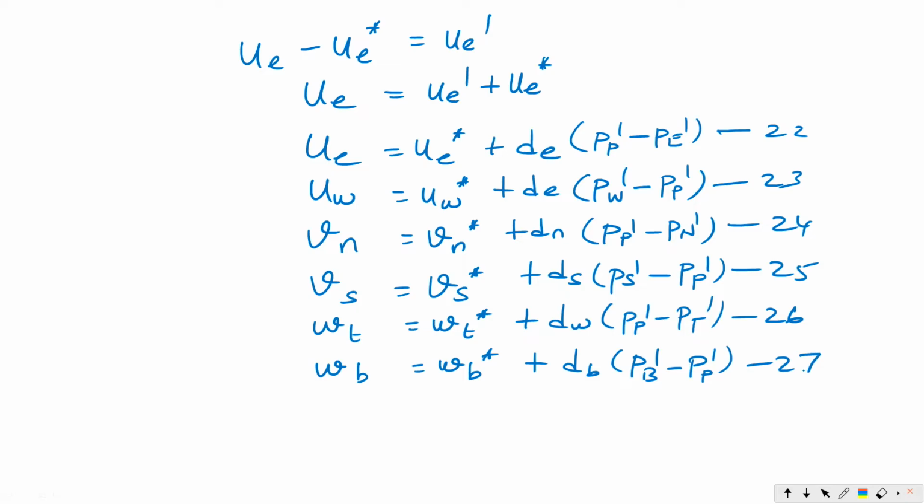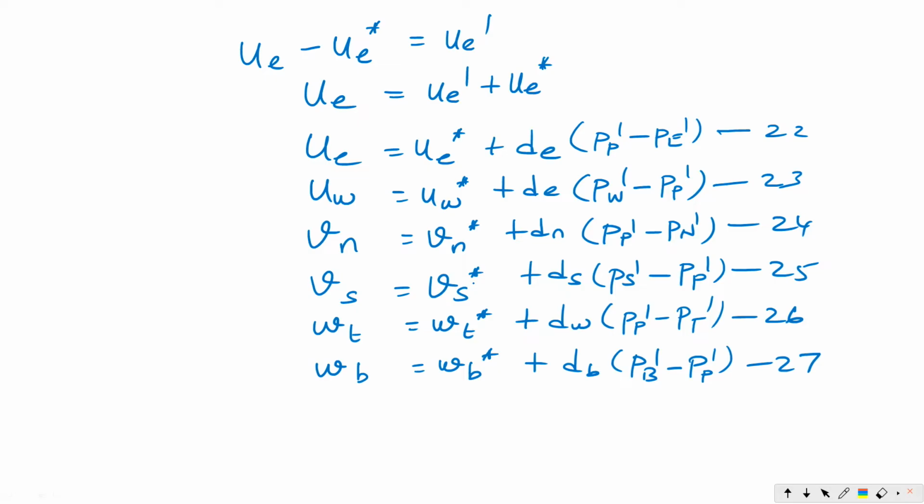Still this million dollar question is not solved. What is that? I want to find Ue, Uw, Vn, Vs, Wt, Wp. Out of these I know Ue star, Uw star, Vn star, Vs star, Wt star and Wp star, because these are the guessed values of the velocity which I arrived at from the guessed value of the pressure.